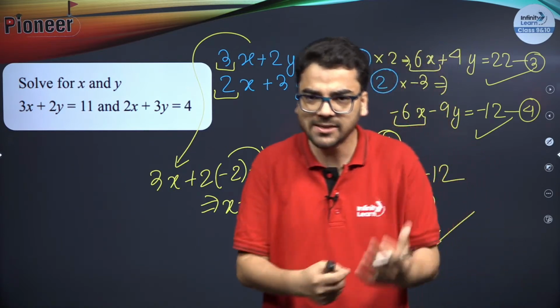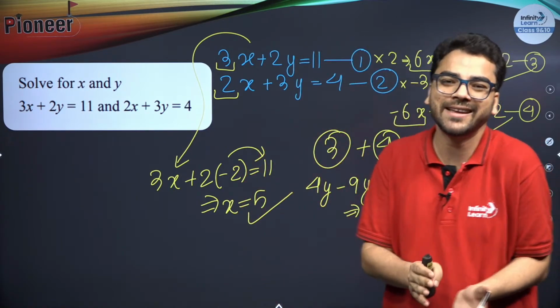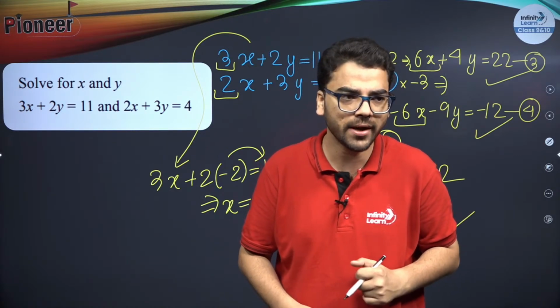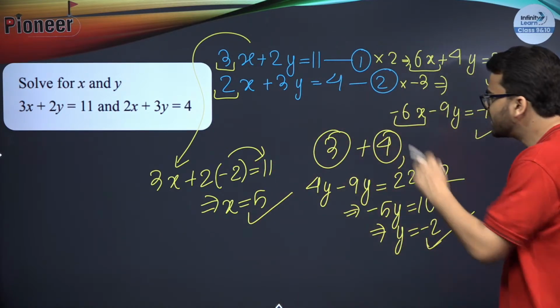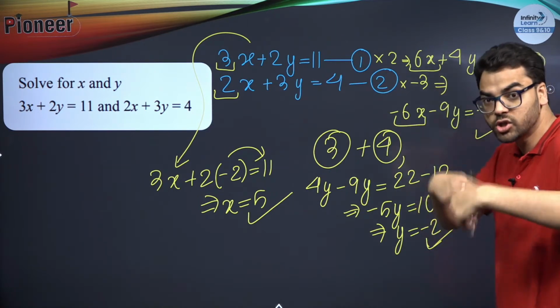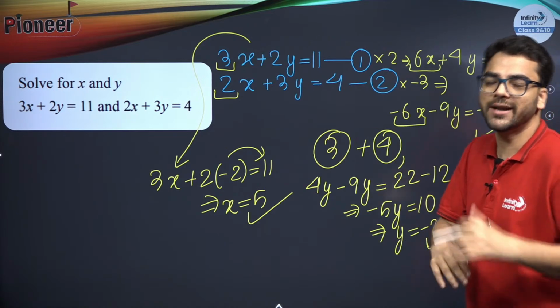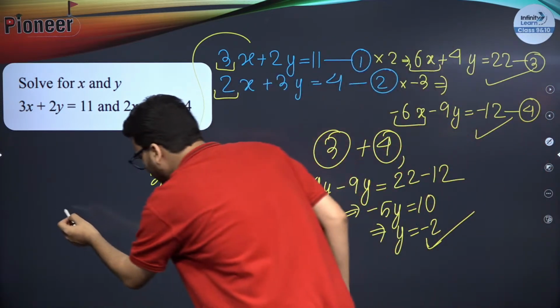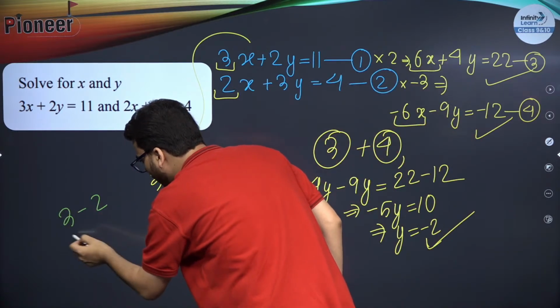So that's what I'm explaining, that it is not compulsory that every time you have to subtract to do elimination. Okay, Raj. You can also add, because see, subtraction is nothing but, if I write 3 minus 2, what does it mean?